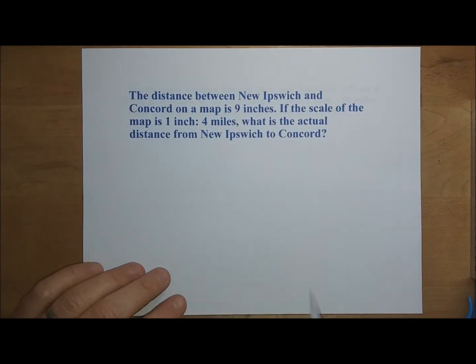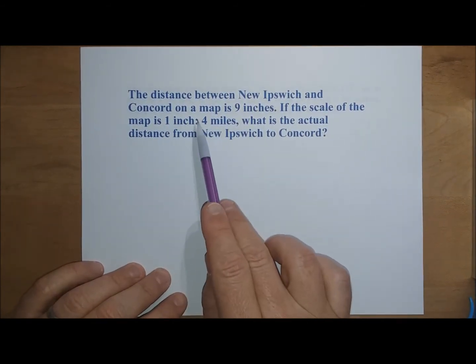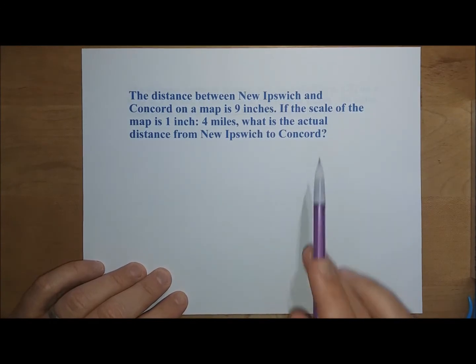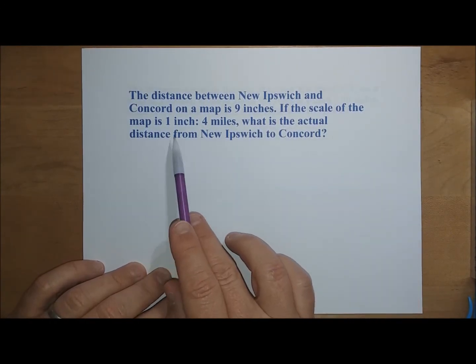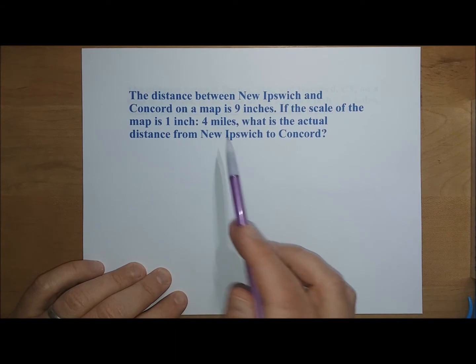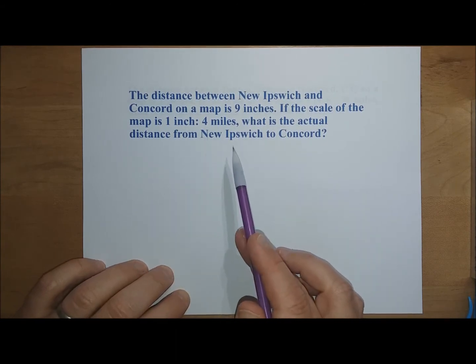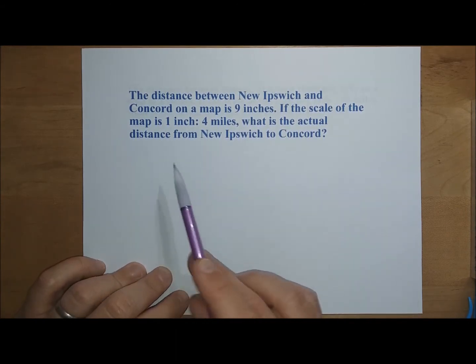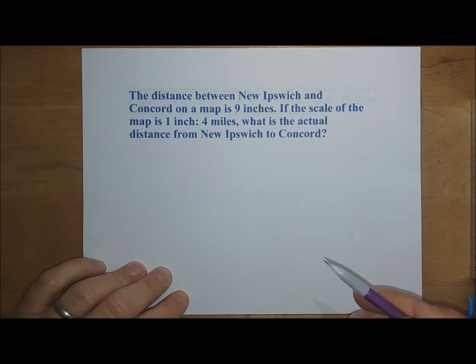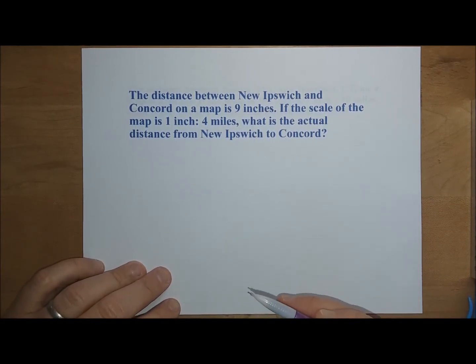The distance between New Ipswich and Concord on a map is 9 inches. If the scale of the map is 1 inch to 4 miles, you might see that written as 1 inch equals 4 miles. What is the actual distance from New Ipswich to Concord? So you could set this up as a proportion.